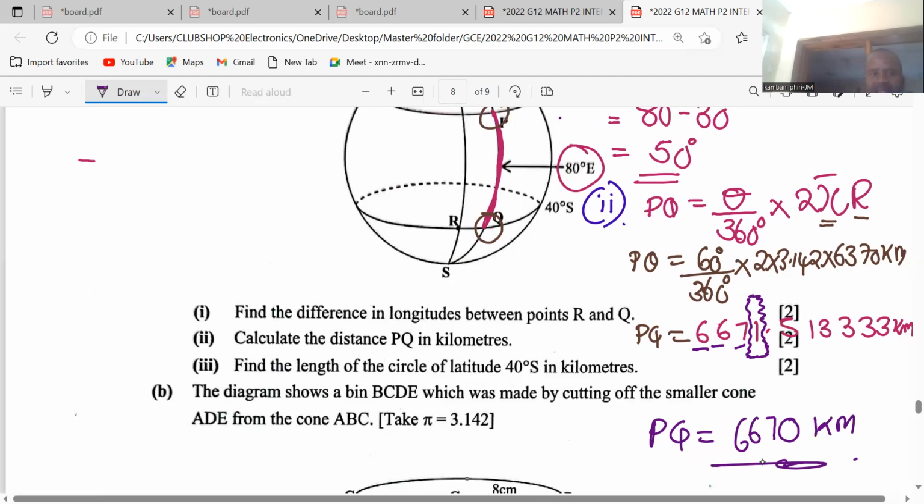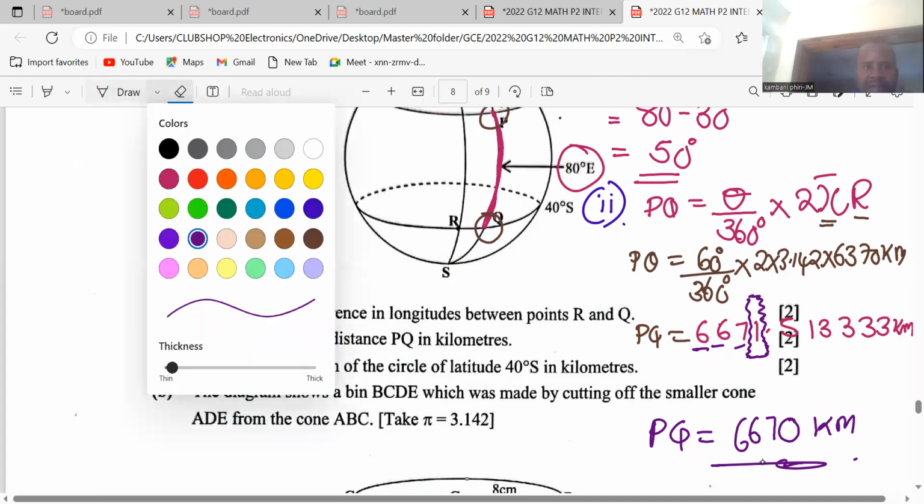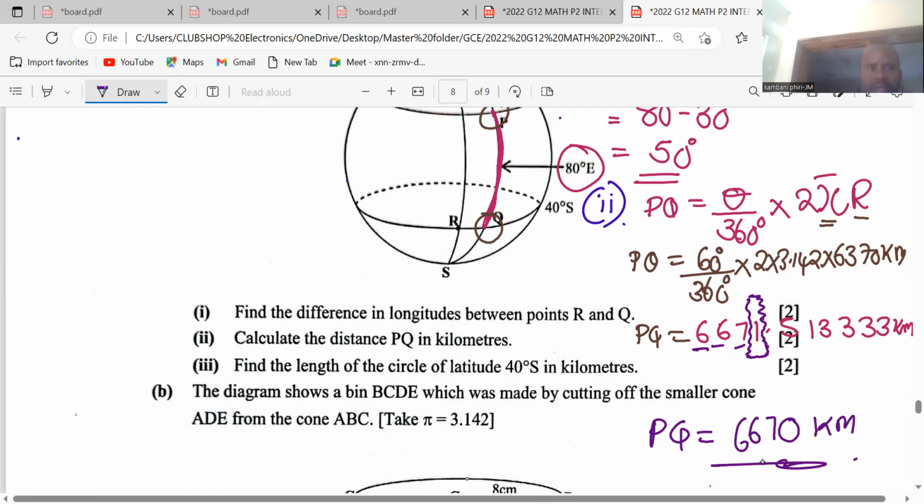The next question is, find the length of the circle of latitude 40 degrees south in kilometers. What does this mean?